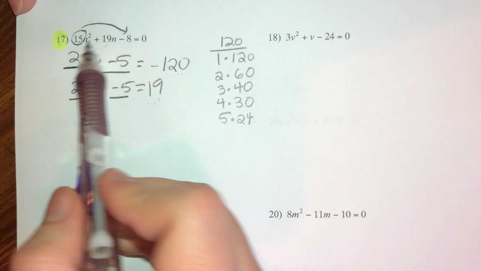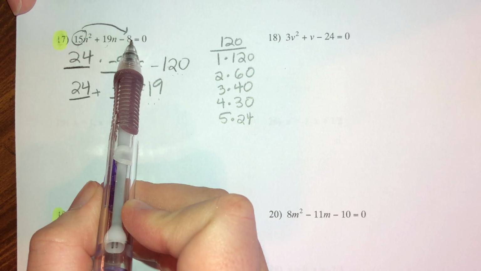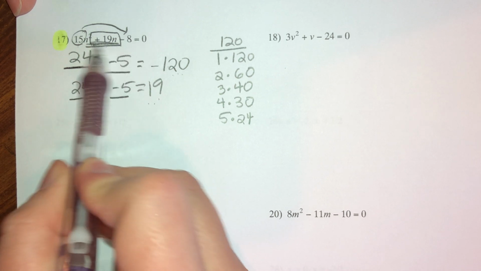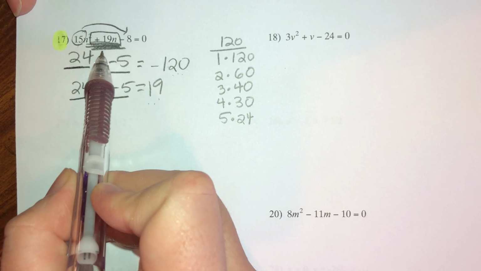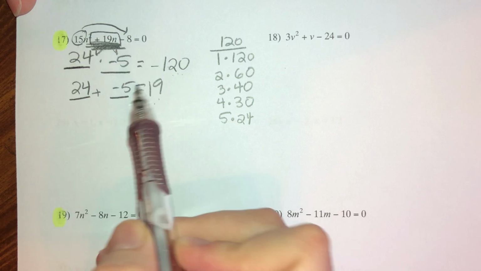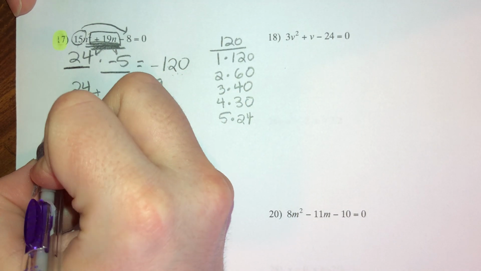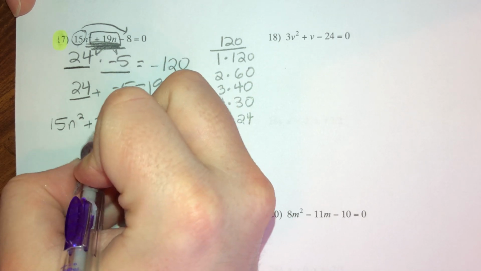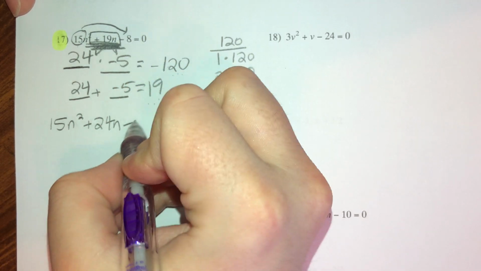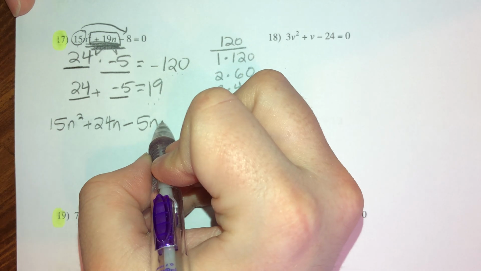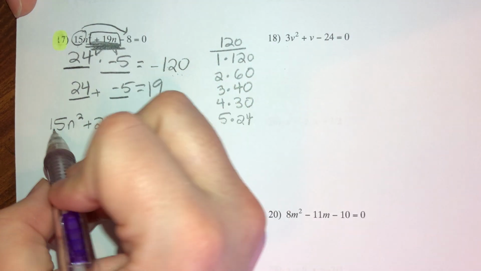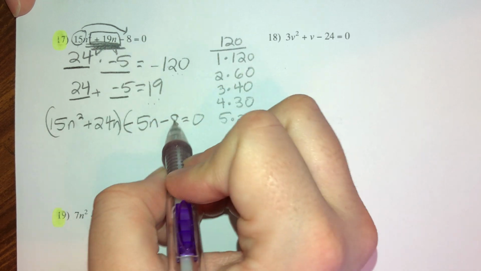So remember, when you do these problems where you start by multiplying here, the next thing that we do after we get those numbers is we break up that 19 into the 24 and the negative 5. So down here I'm going to bring down and write 5n squared plus 24n minus 5n minus 8 equals 0. And from here, we're just going to factor by grouping.